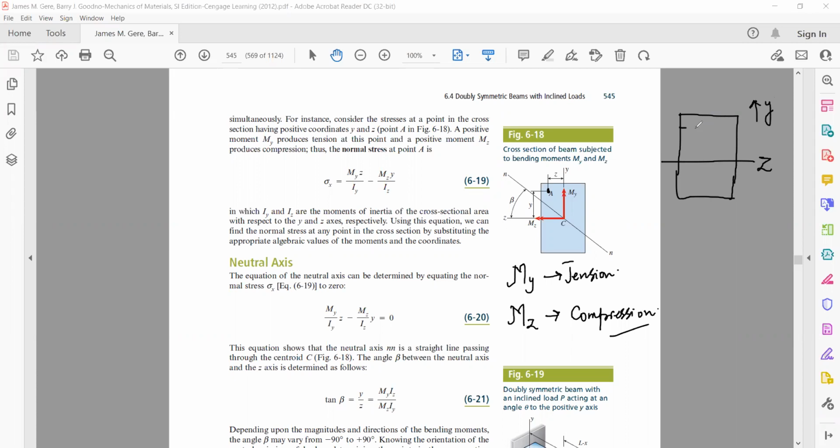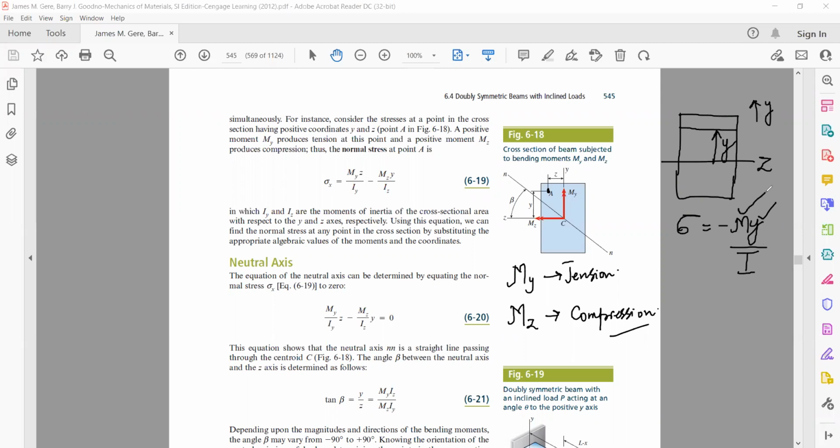Let's suppose we were taking a beam section here, which was at a distance y from the neutral axis. We were writing the normal stress there equals minus My divided by I. Was this the formula?